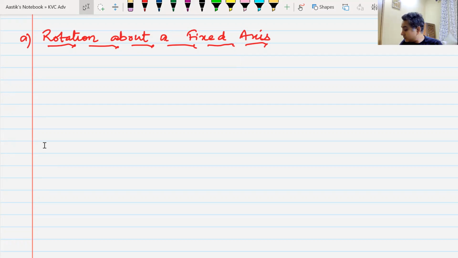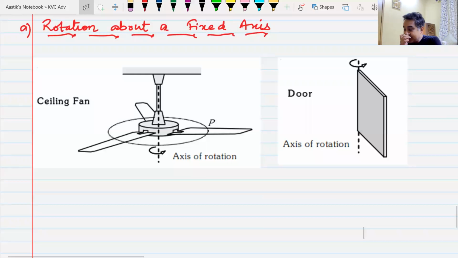Okay. A ceiling fan is an example of pure rotation. A giant wheel is an example of pure rotation. There is a door that you must have crossed when you came into the class. That is also an example of pure rotation, right?